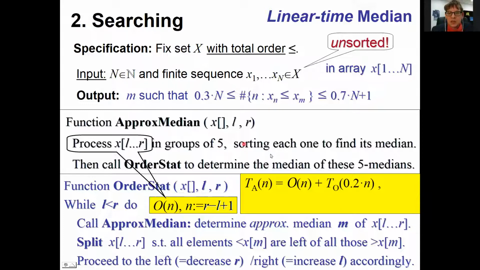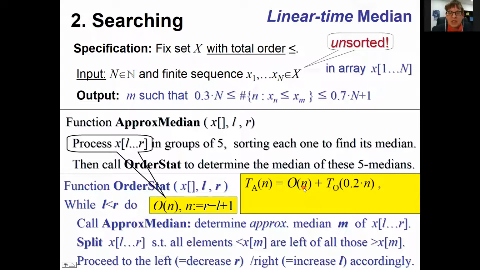Then it makes a recursive call to order statistics, but only on the 5 medians. Remember, from these groups of 5 elements, only one element gets picked. That's also part of the linear time: sorting each of these groups of 5. There are a linear number of groups of 5, and each one incurs constant time for sorting, so the running time of this is linear.